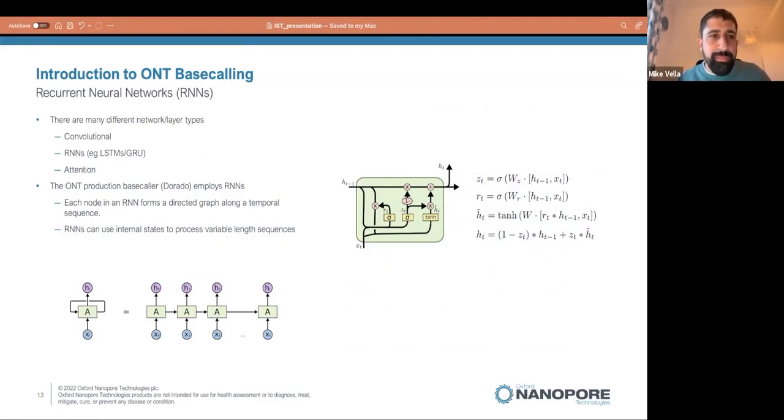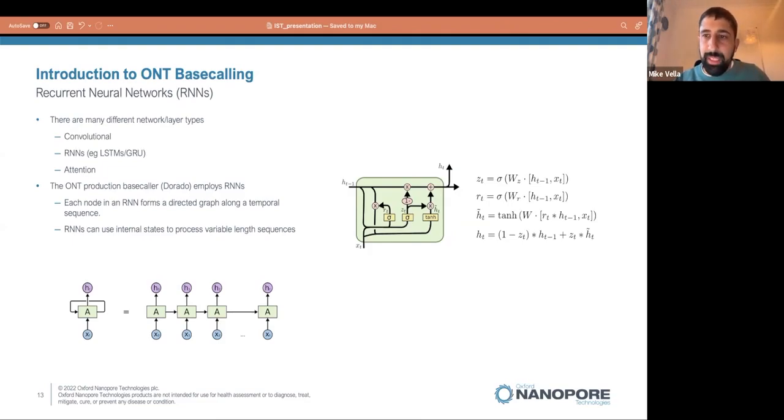So there's many different network types. In the previous slide, I was talking about neural networks as a composition of nonlinear functions. Each of these nonlinear functions, it's quite common to call a layer. There's things like convolutional neural networks, things like recurrent neural networks, which I'll be describing here.